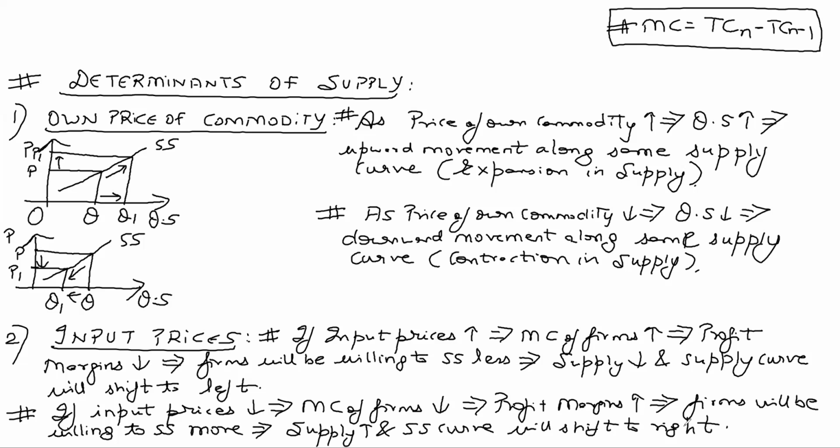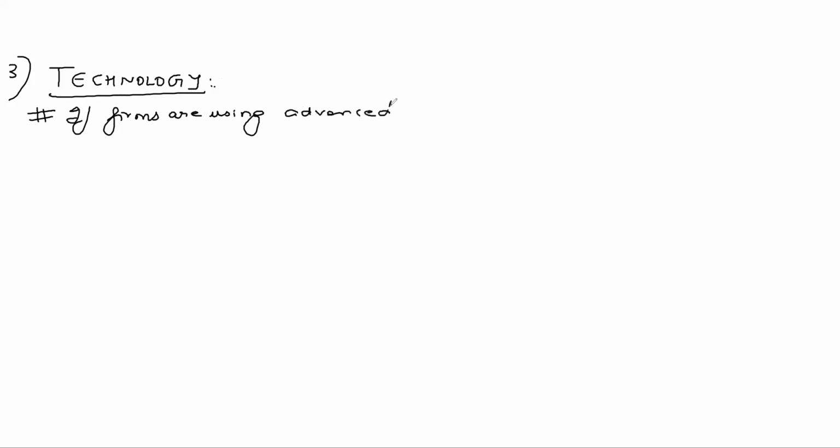Okay. Now moving on to the third factor which affects the supply of a commodity. This is called technology. Now all of us know that along with the factors of production, technology also matters, the kind of technology or the version of technology which the firms are using. So within this, we can say if the firms are using advanced or innovative technology, or we can also say the latest technology.